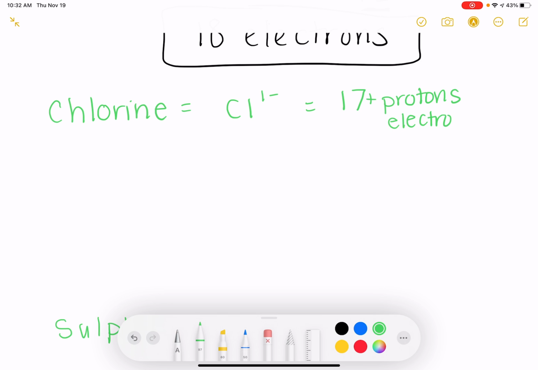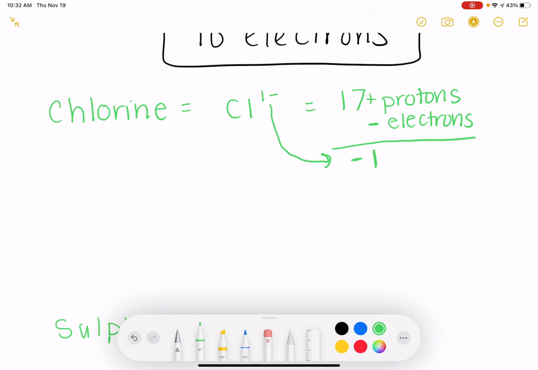Electrons, on the other hand, those are negative, and we don't know how many we have of those. But we know from this little charge that our overall charge is -1. So in this case, we need to say, well, 17 minus what gives us -1?